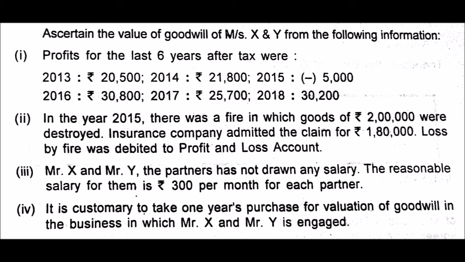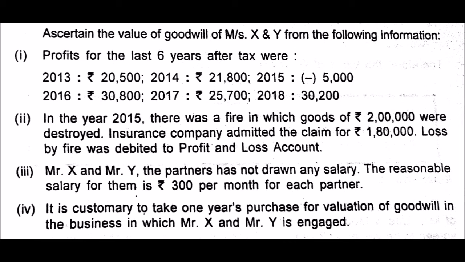So you add the abnormal loss to the profit of that year. So minus 5,000 plus 20,000 comes up to be how much? 15,000 profit. So that is the adjustment you have to do with regard to question number 2.